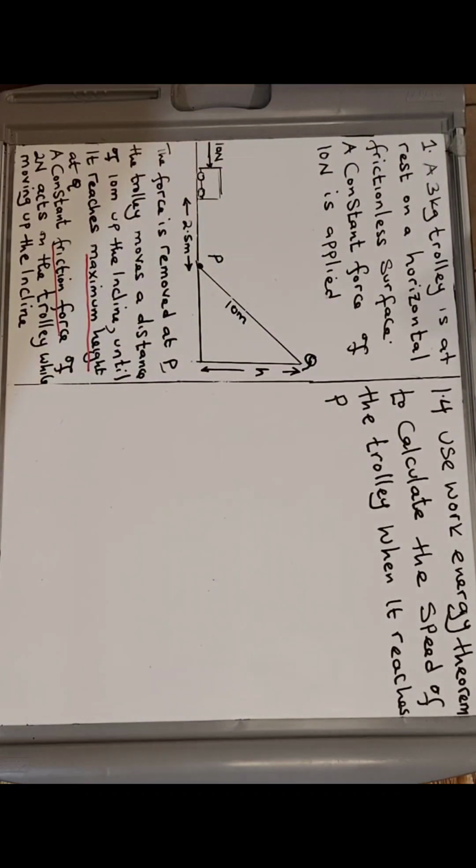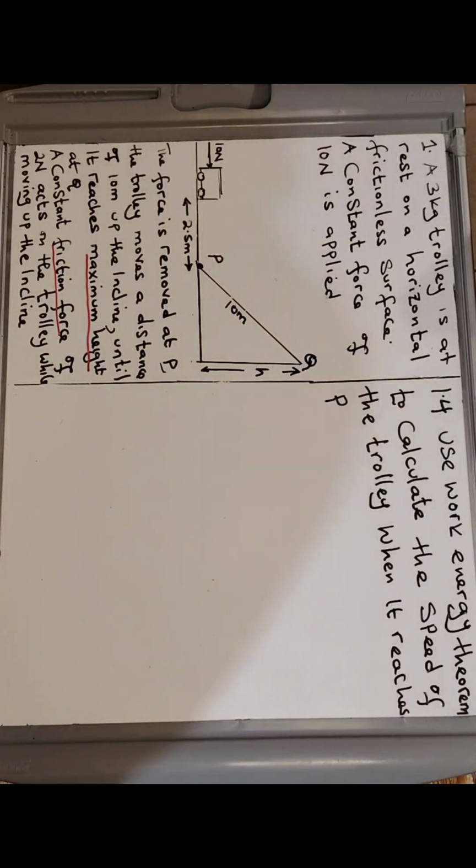Then comes this question. The question says, use work energy theorem to calculate the speed of the trolley when it reaches P. So here they are telling us to use work energy theorem.